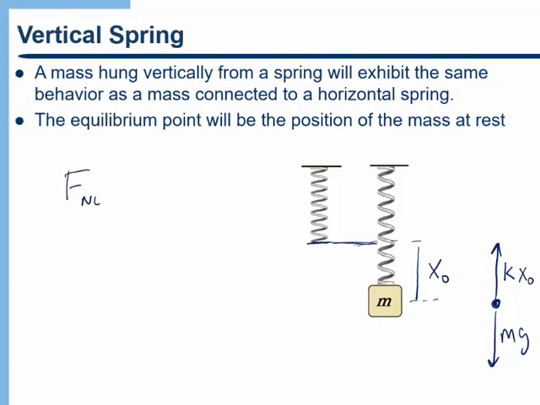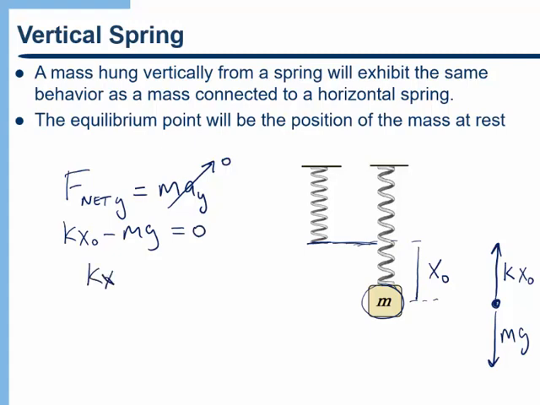Using Newton's second law, we get that the net force in the y direction is ma(y). Again, here is the new equilibrium position, so there's no acceleration. And we find that just kx naught minus mg has to equal 0, or kx naught is equal to mg.